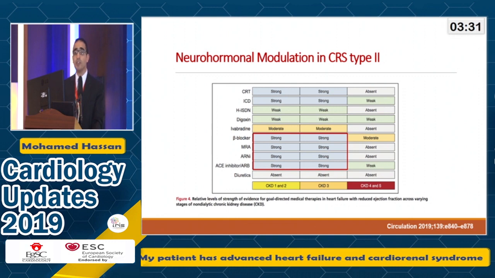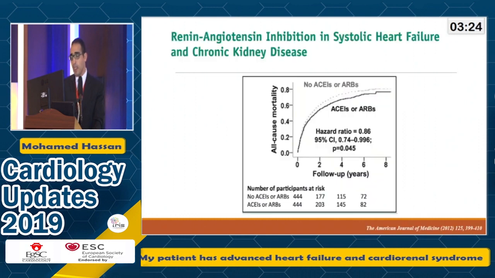But importantly, the use of ACEIs and ARBs in those patients is associated with significantly lower mortality compared to patients who did not receive ACEIs. So we should start using ACEIs or ARBs in those patients even if there is renal dysfunction.